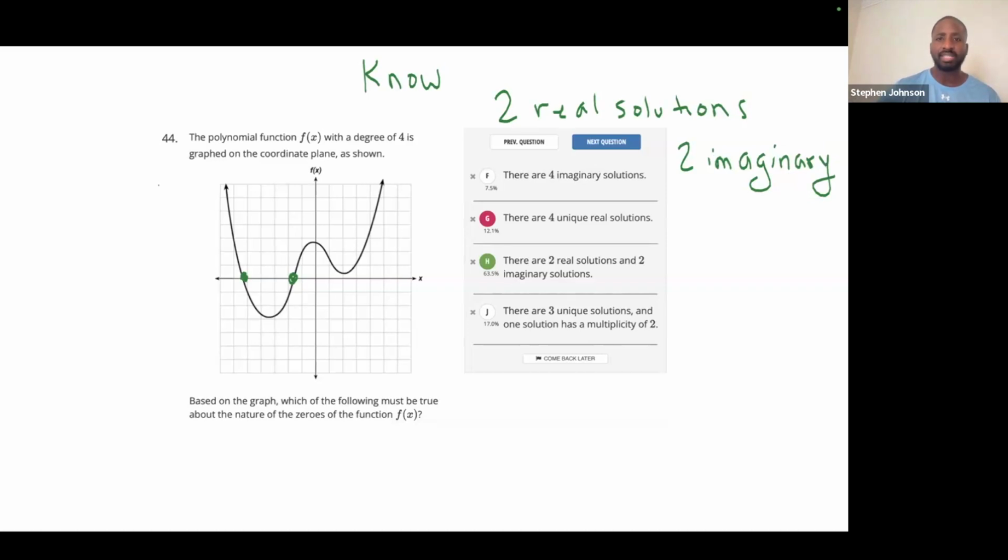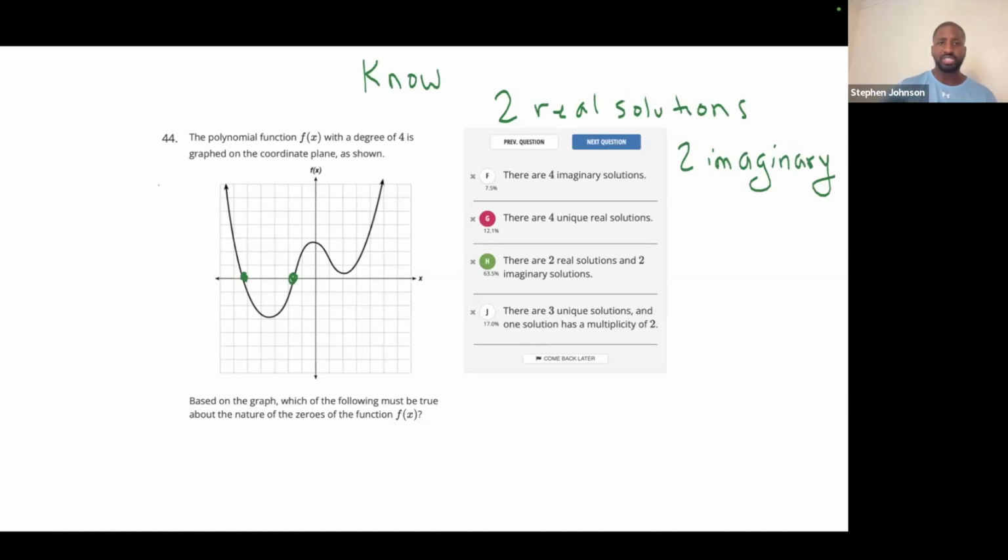If the number of x-intercepts is ever different from the degree of the polynomial, the difference represents the number of imaginary solutions, whereas the number of x-intercepts that you see, and the location of those x-intercepts, will tell you the real solutions. So make sure you write that down in case you've not learned that in school.